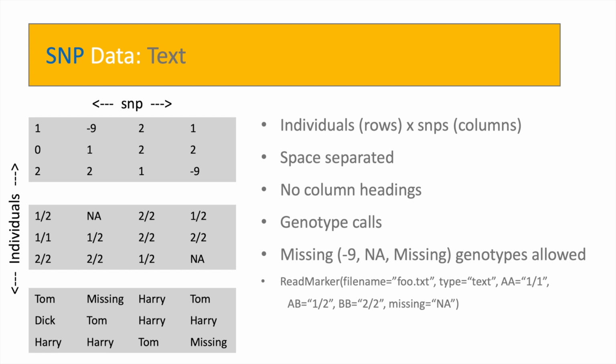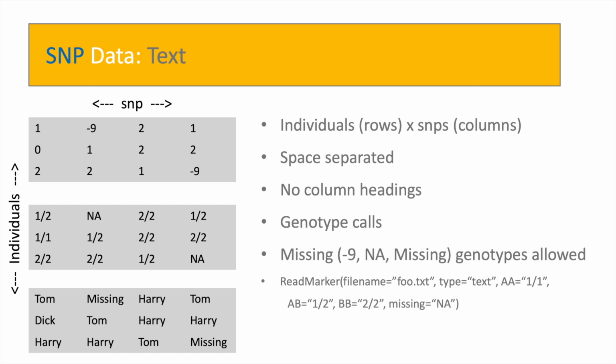So what I've done is give you an example of what the R function would look like for plain text SNP data. Again, you need to specify the file name. You need to tell Eagle what type of SNP data you have, in this case text. And in this case, you also need to tell Eagle what the mapping is. So you need to map your genotype calls to what Eagle needs to know.